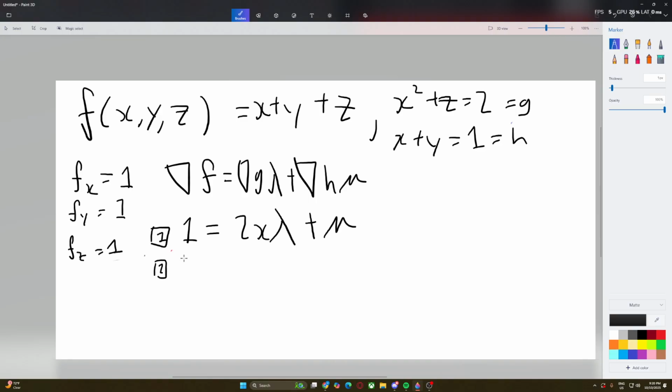Equation 2 would be 1 equals the partial derivative with respect to y, and this would be 0, so there's nothing there. And for mu, there would be 1, so mu.